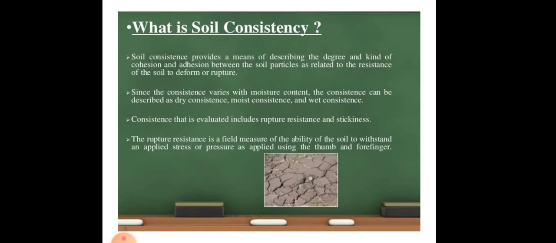If a medium amount of moisture is present in the soil, that consistency is called moist consistency. And if the moisture is present in higher proportion, that consistency is called wet consistency. And the rupture resistance is the field measure of the ability of the soil to withstand applied stress and pressure, applied using the thumb or forefinger.